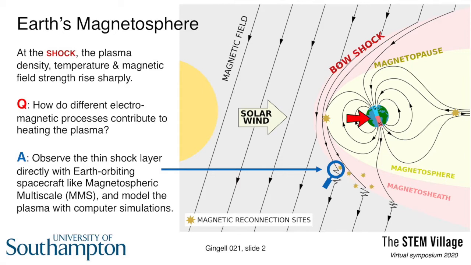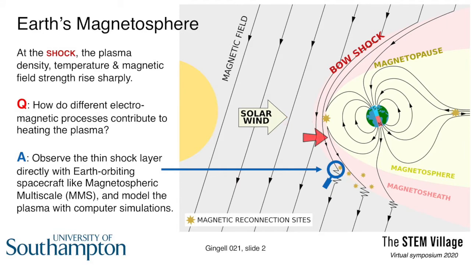So on the right here, we have Earth as a bar magnet with magnetic field lines like you may be familiar with, curving around from the north to the south pole of the magnet. And on the left, we have the inflowing solar wind with its own magnetic field, which connects back to the sun, flowing towards Earth.